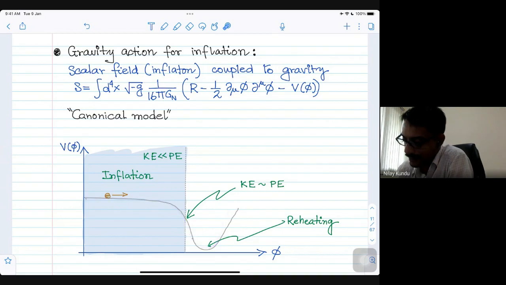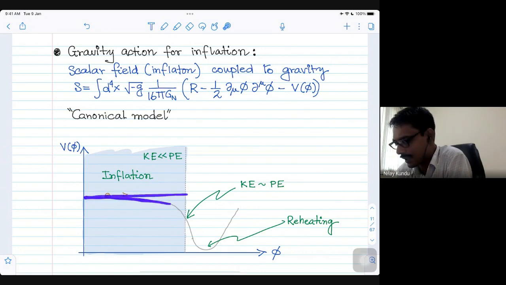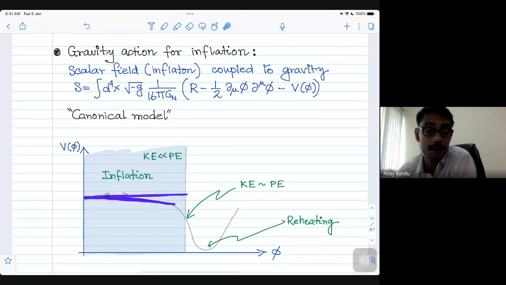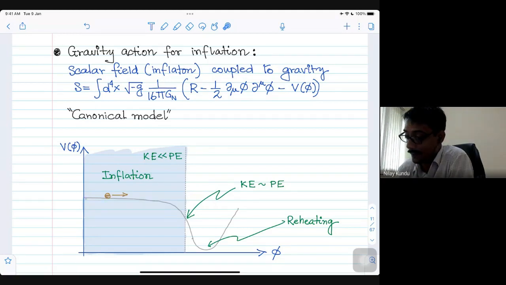So let's consider the particle. This potential is not exactly flat, but it's almost flat. So this guy is slowly rolling here, and at some point the potential is like this.